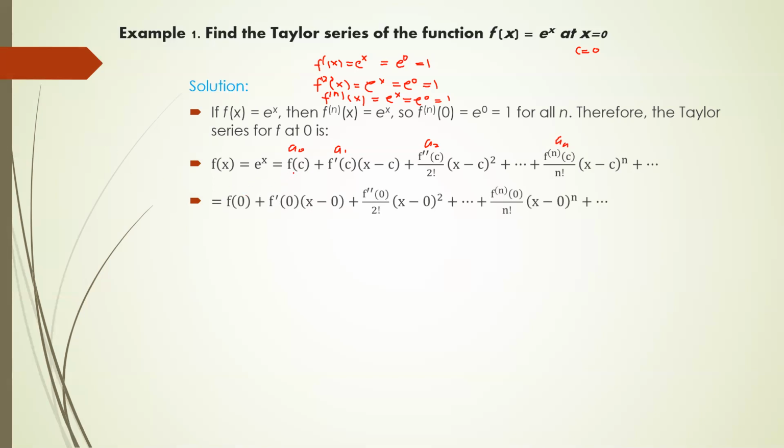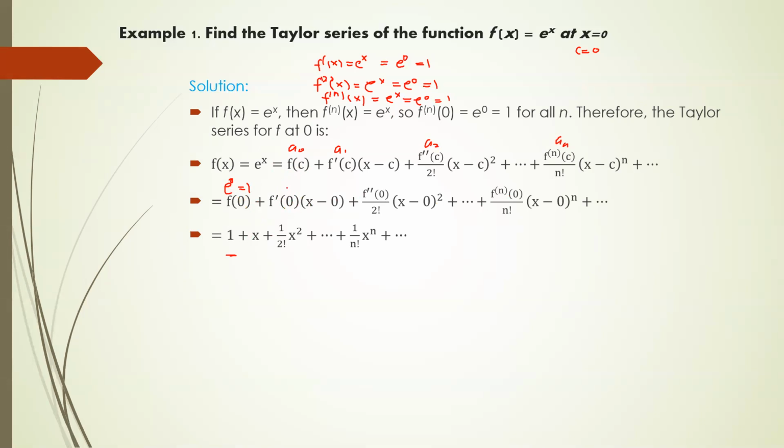And f, we plug c here, c equals 0, is f(0) plus f prime(0), and keep going. And f(0) here, as we know, f(0) is e to 0, which is equal to 1. And f prime(0) is also equal to 1.